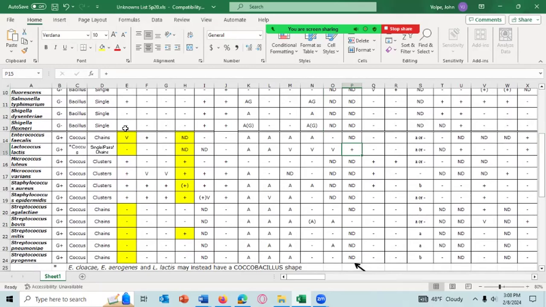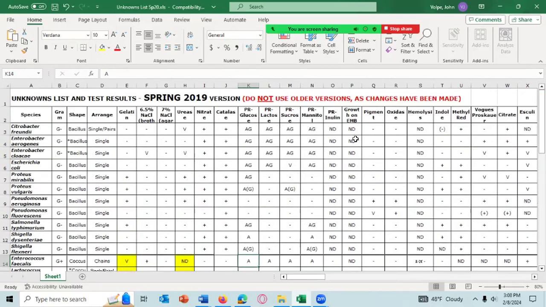All right, any questions about this table? Let me briefly mention with the PR glucose, PR lactose, PR sucrose, PR mannitol, and PR inulin, the A stands for acid. The sugar is fermented, and that produces an acid, changing the color to yellow in the tube, and that we record as an acid. If, on the other hand, the fermentation produces an acid but also produces gas, we go AG.